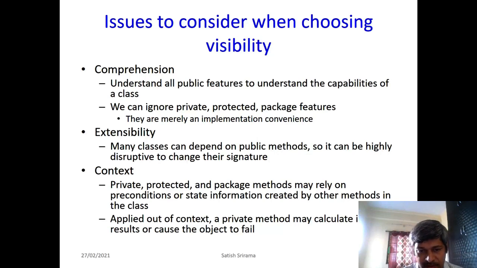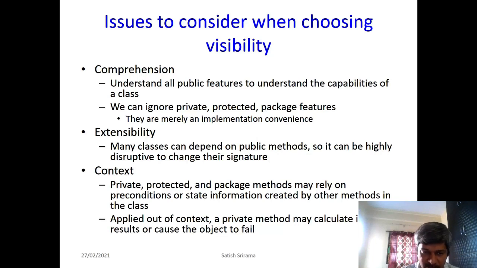Private, protected, and package methods may rely on preconditions or state information created by other methods in the class. Say for example, you have a certain private variable which you are trying to modify in a public method. So the state is created in a different method and it is maintained there.